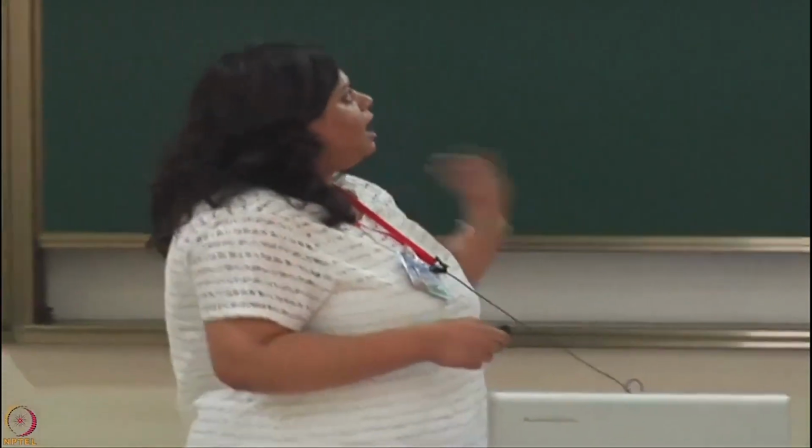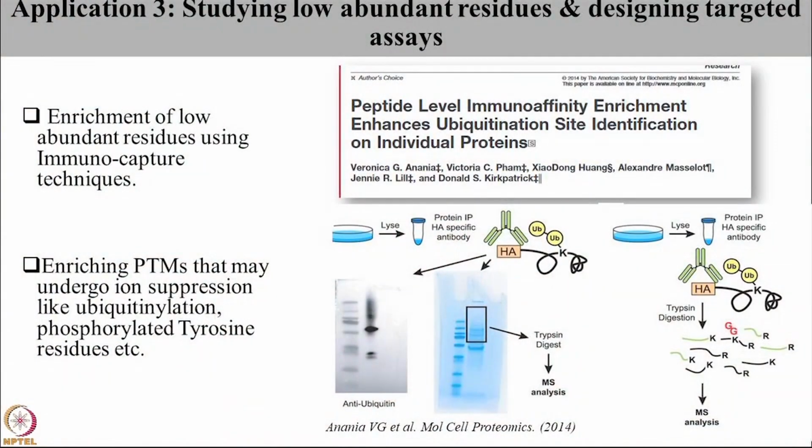Application 3 is how to study low abundant residues using IP-MS. Taking one of the case studies, we can enrich our samples in the residue that we are interested in. Just the way a phosphoproteomic study can be done using TiO2, but you would be aware that the TiO2 technique only enriches serine and threonine.